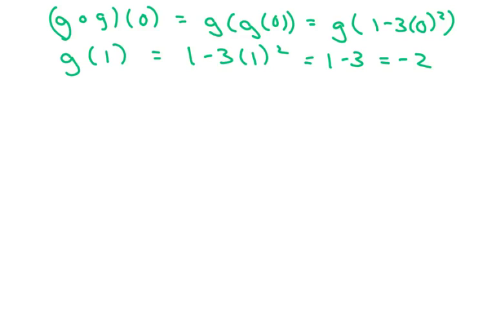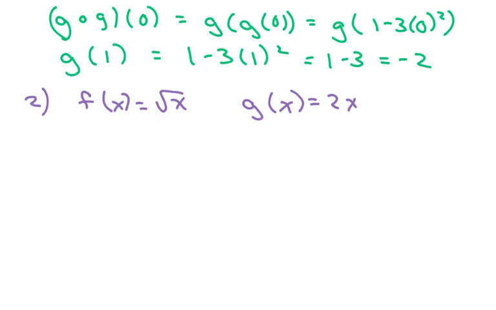Now the next set we're going to do is this one. This is number 2, f of x equals the square root of x, and g of x equals 2x. And we want to first do A, which is find f of g of 4.